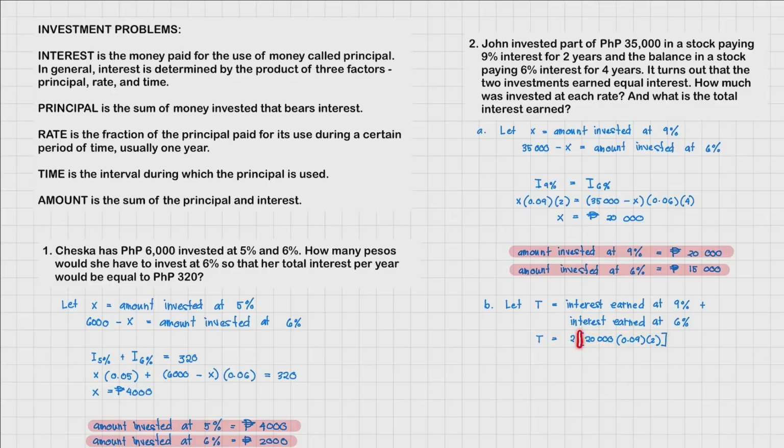So assuming this is the interest earned by the 9% amount, this one is equal to the interest earned at 6%. So you're just going to multiply that by 2. And we can now solve for T, that would be equal to 7,200 pesos. Alright, so that's our final answer for part 2 of our second example.